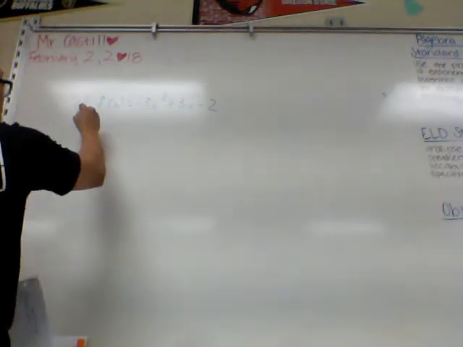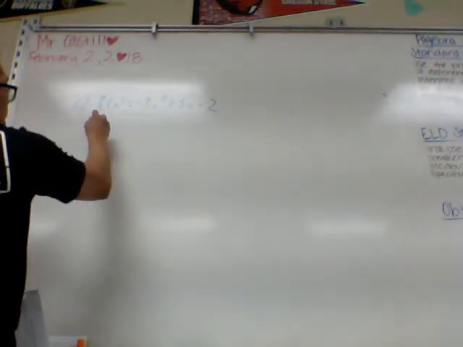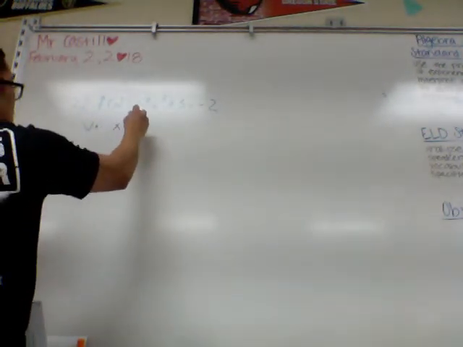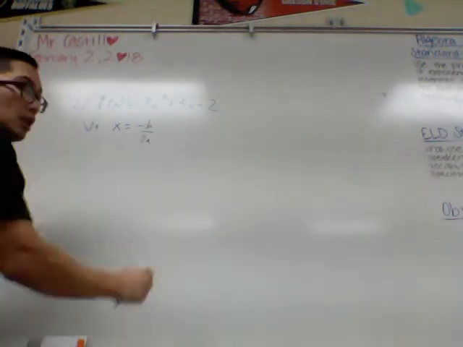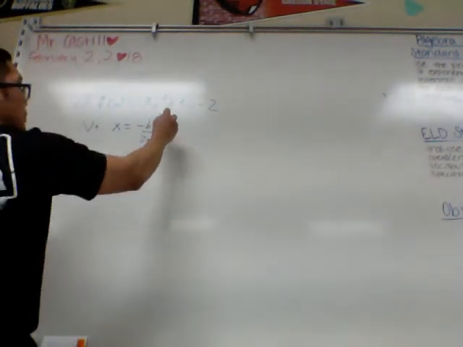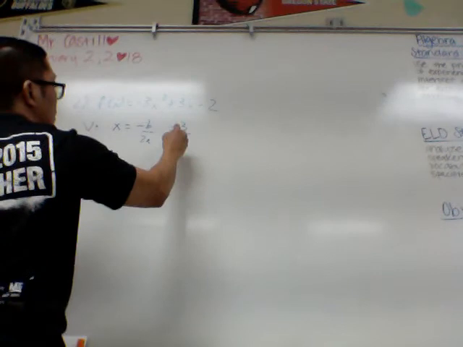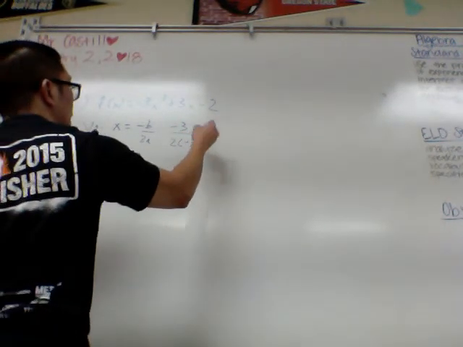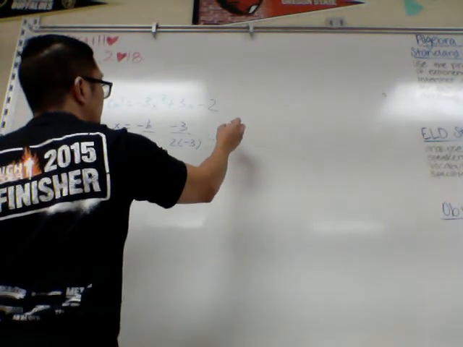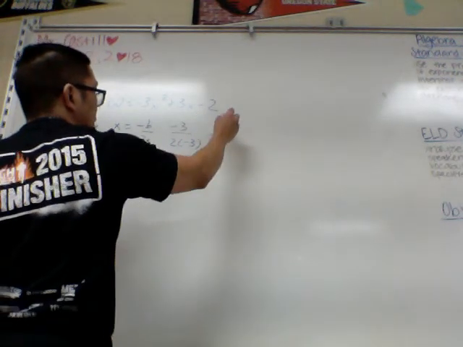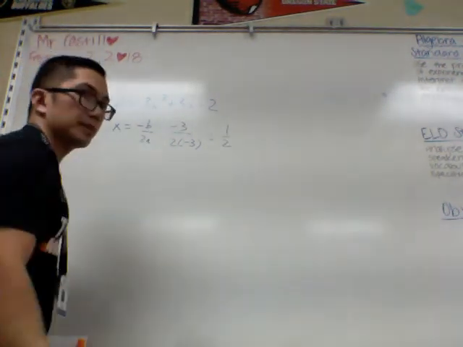So your vertex is, you can do x is equal to negative b over 2a. So that's negative 3 over 2 times negative 3. And so if you do the math here, you get negative 3 over negative 6, which is 1/2.